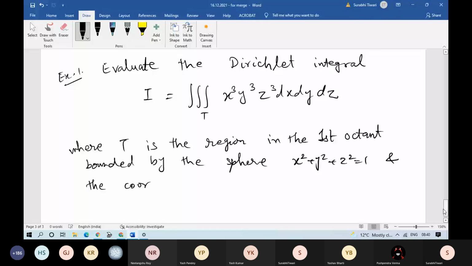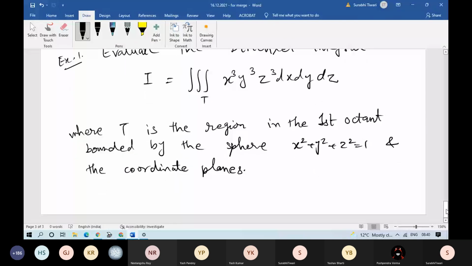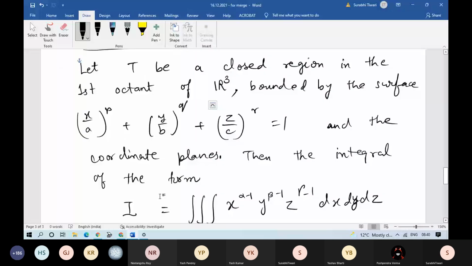So we have the same situation as in the case of Dirichlet integral. So we can apply the direct formula for calculating the Dirichlet integral.